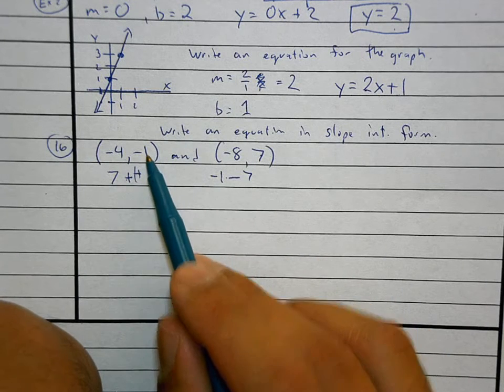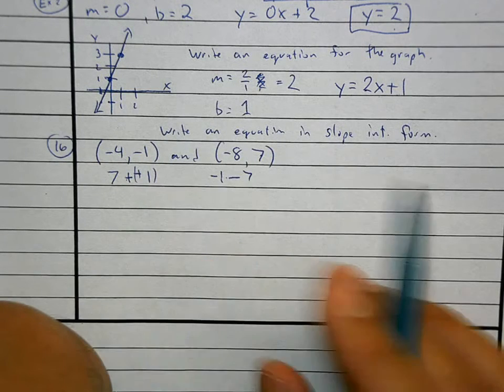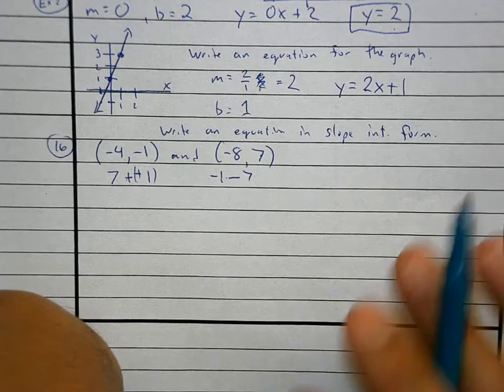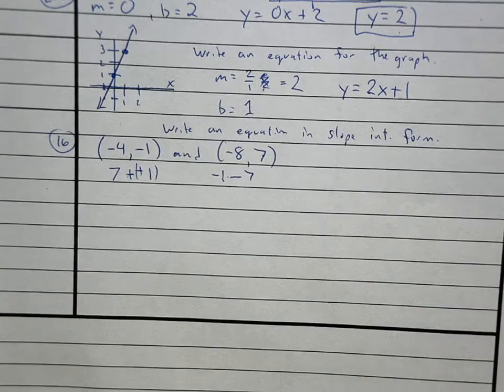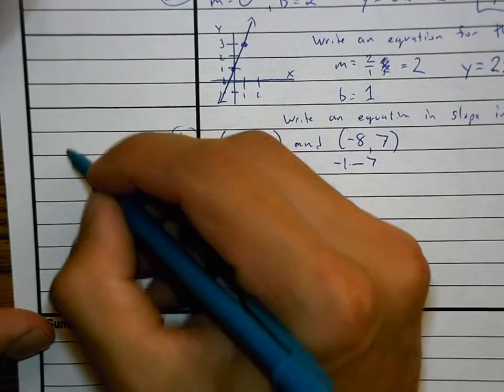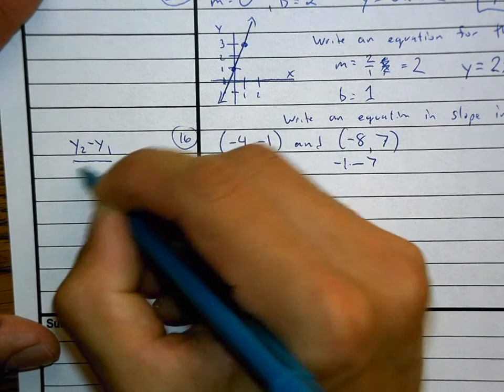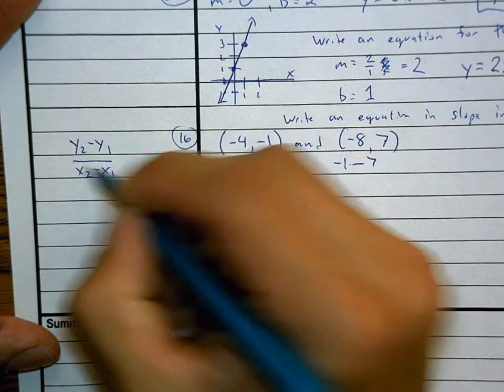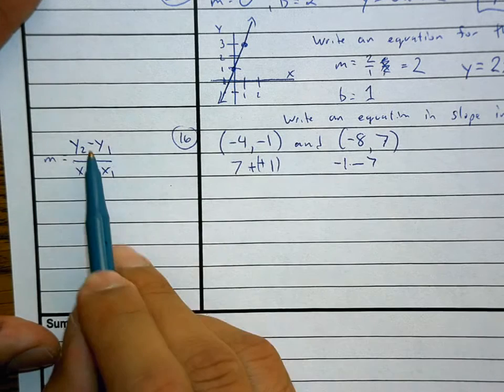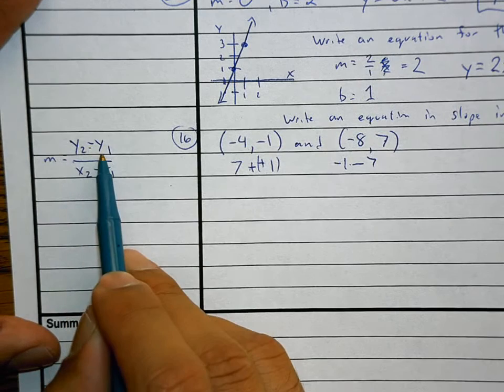Do not forget, in the formula that we wrote down in the previous lesson, in the 3.1 notes, we did y2 minus y1 over x2 minus x1. You remember that? You have to subtract whatever the other y is.